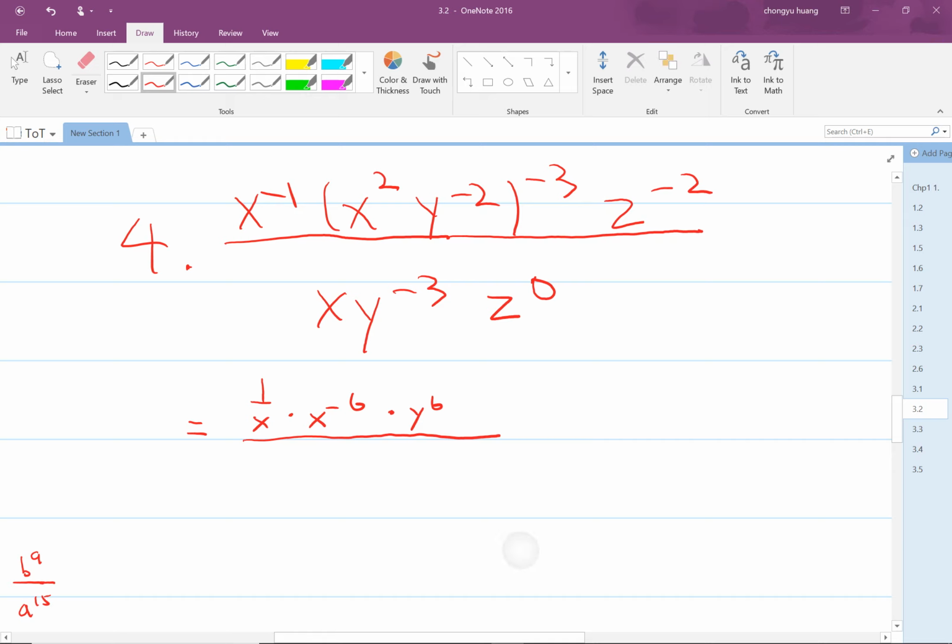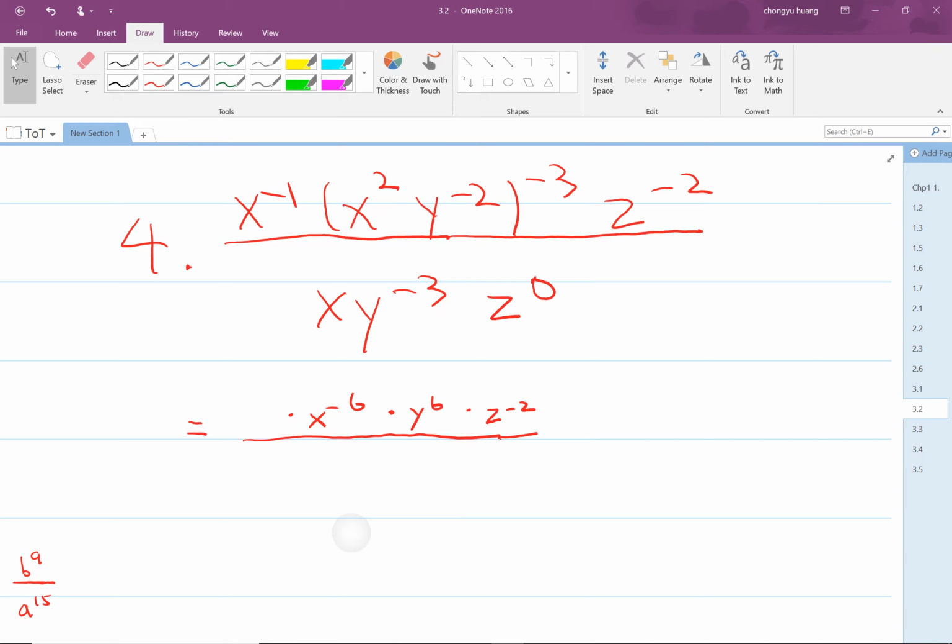And then for z, we got z to the power negative 2. That's everything we can simplify for now. Actually, it will be much better to keep x to the power negative 1.